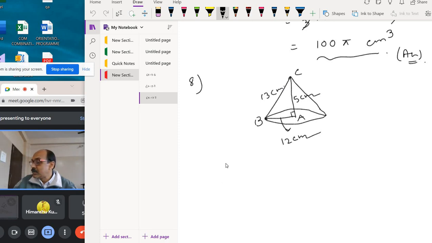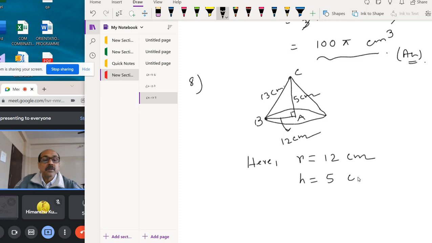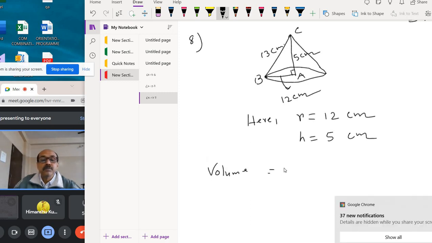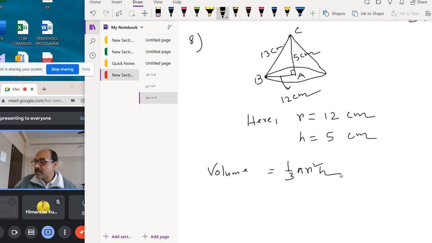Okay. So here radius equal to 12 centimeter and height h equal to 5 centimeter in this question number 8. Now volume equal to 1/3 pi r square h.